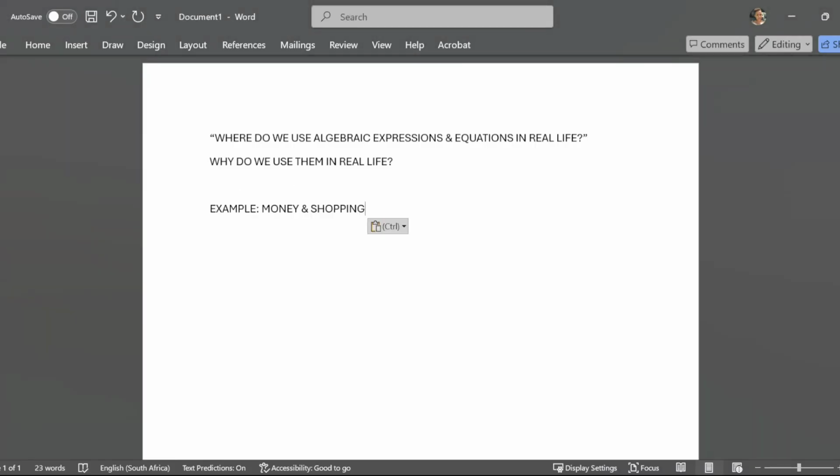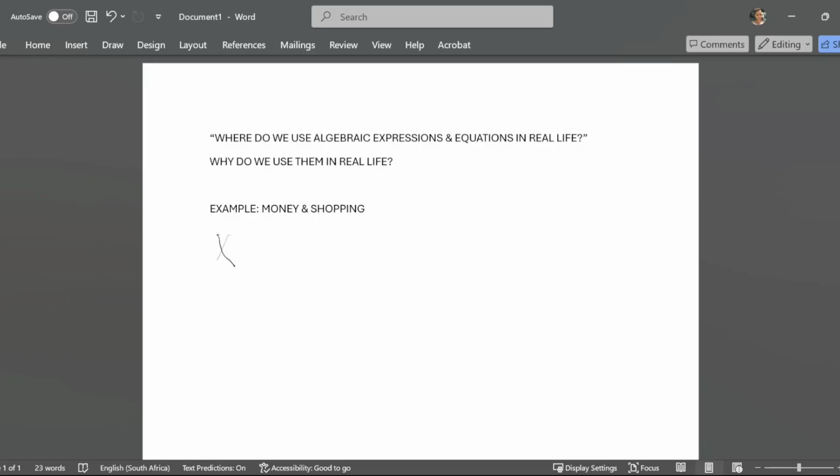Imagine you buy some apples. Each apple costs 3 rand. But today we don't know how many apples you are buying, so we use a letter to represent the number of apples. Let's call the number of apples X.